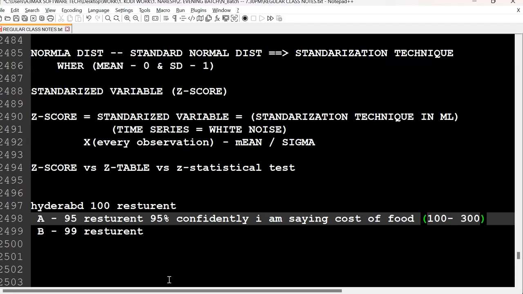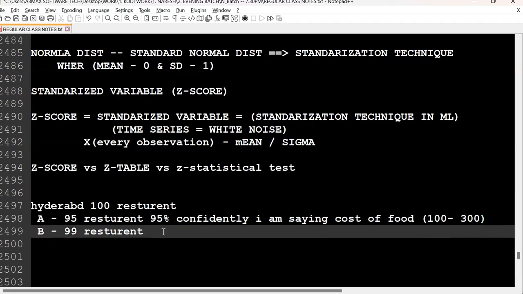Another one, when you ask B, he visited more restaurants, so he says 99% confident, the cost of the food in Hyderabad is 50 bucks to 500. Understand the difference or not?